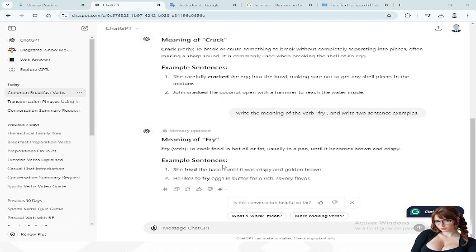Okay, the word that I am practicing is fry, and the meaning of that word, based on ChatGPT, is to cook food in hot oil or fat, usually in a pan.